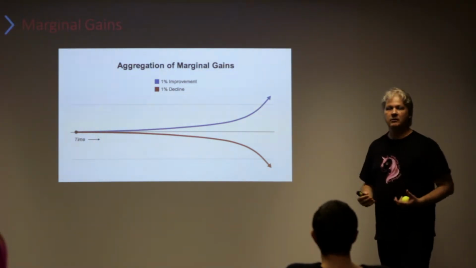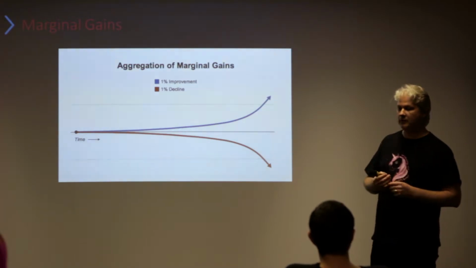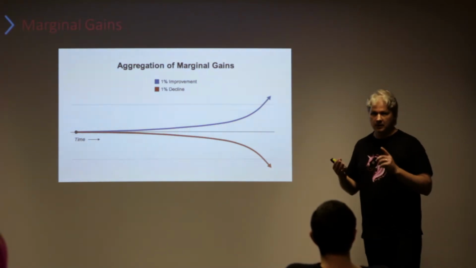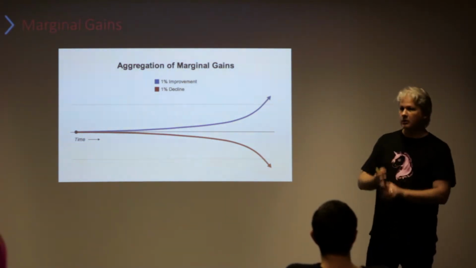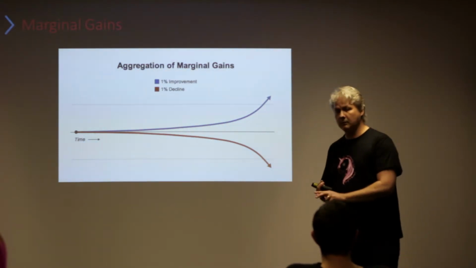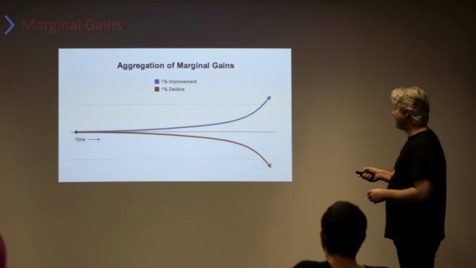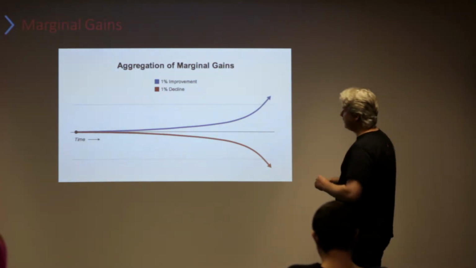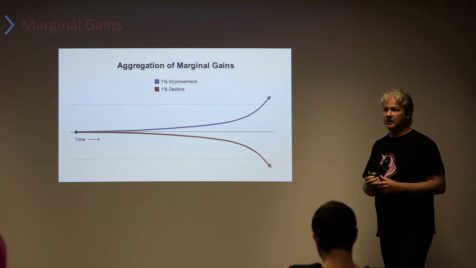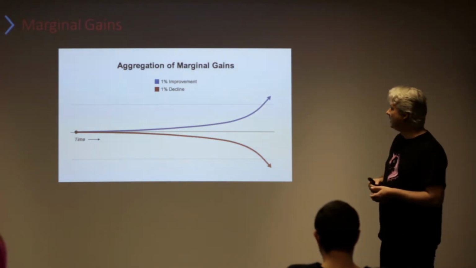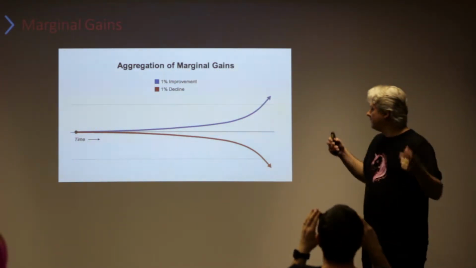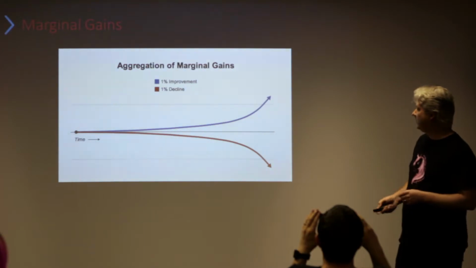So if we start making incremental improvements in our build process, in our code, in our databases that we're going to talk about today, over time these small increments compound to become quite a large aggregational gain on our system.